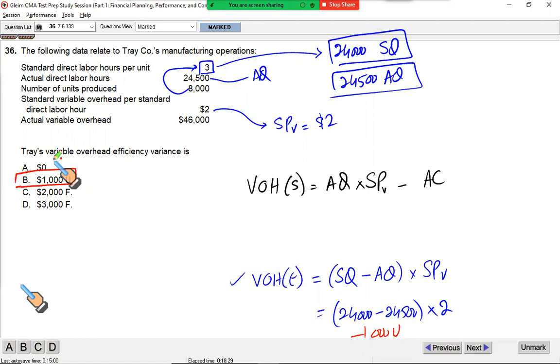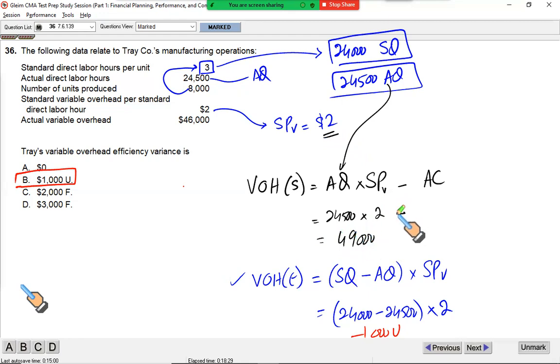We got our answer, but let us do the other part also for some good understanding. Let us calculate the spending variance. Actual quantity of hours we used for the labor were 24,500. What is the standard price, or the variable overhead absorption rate? That is $2, right? So as per this formula, our spending should be 24,500 multiplied by 2, which is 49,000.